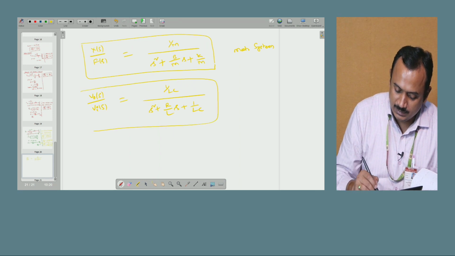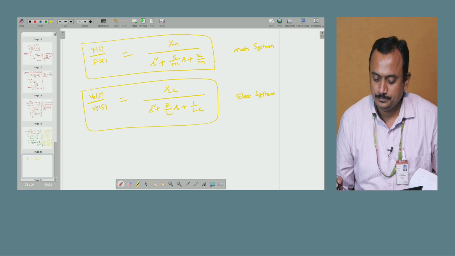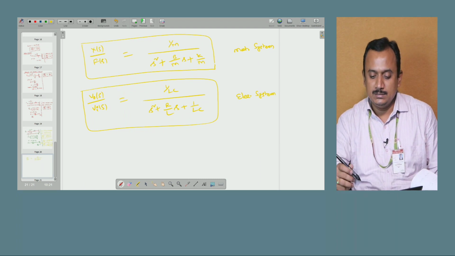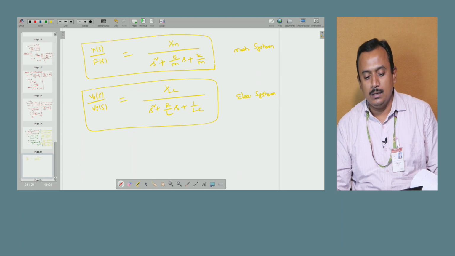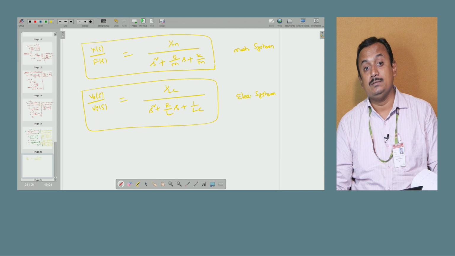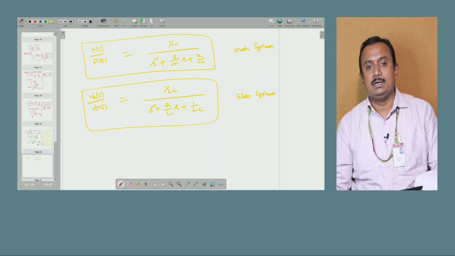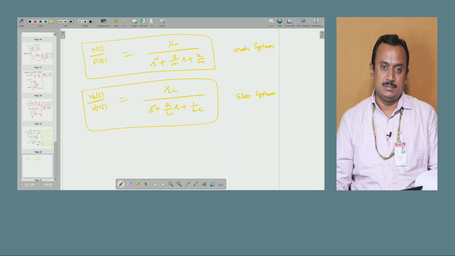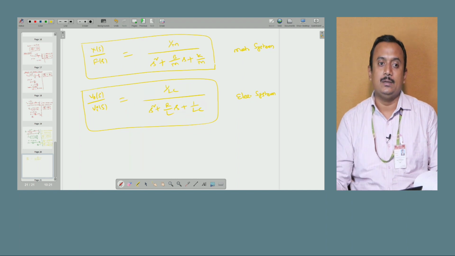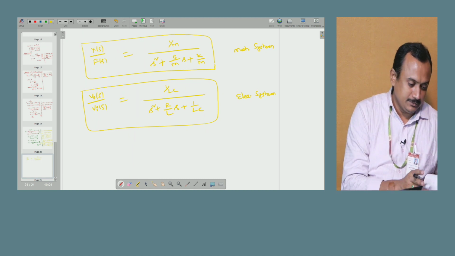The similar equation we have for the electrical system. Since there is some relation between mechanical system and electrical system, that relation we can call the analogy between the electrical system and mechanical system. Okay, that is a separate topic that we will see in some other class.